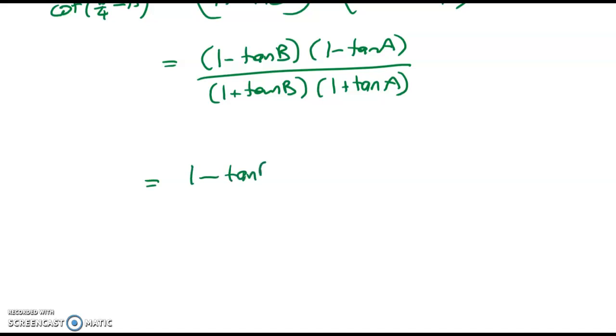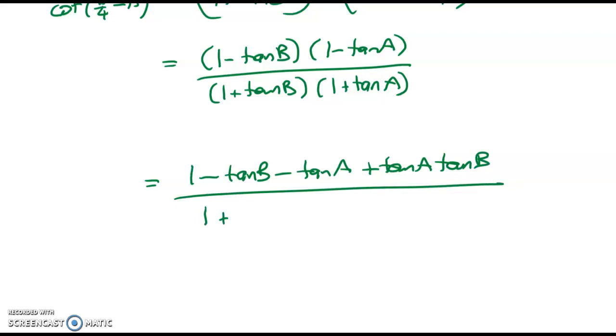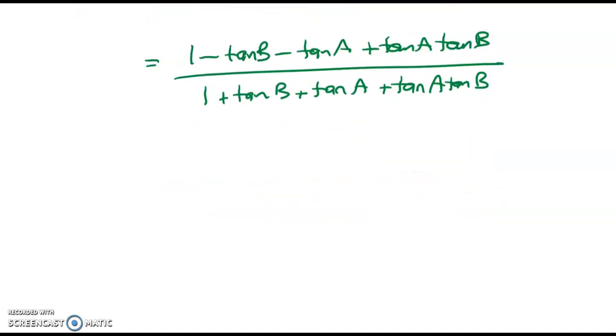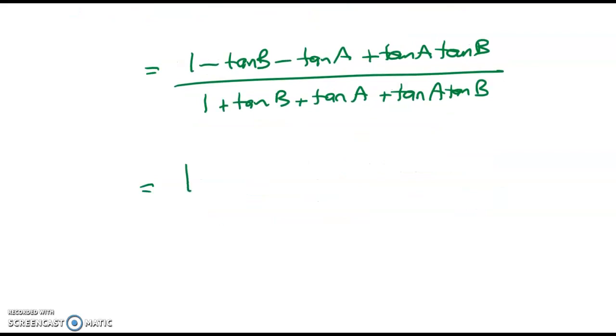So 1 minus tan b minus tan a plus tan a tan b, over 1 plus tan b plus tan a plus tan a tan b. But now we're getting somewhere because tan b is just sine b over cos b. So we're about to do, yet again, a whole lot of year 9 adding fractions. Well, kind of year 9.